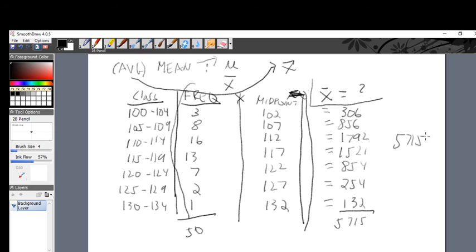Take the 5715 and divide by 50, and there's your average. Your average is equal to 114.3. And this problem is over. That's how you deal with a situation where you have class data.